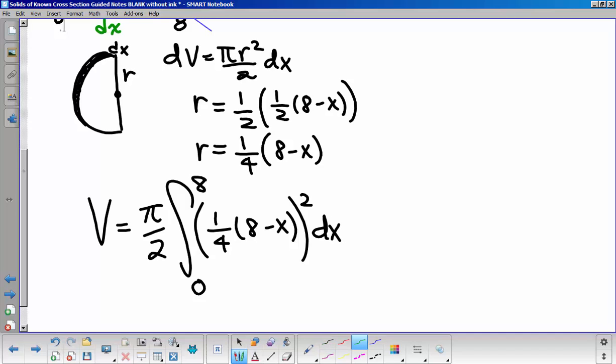So this is mechanically pi over 2 r squared dx. Do you see that?